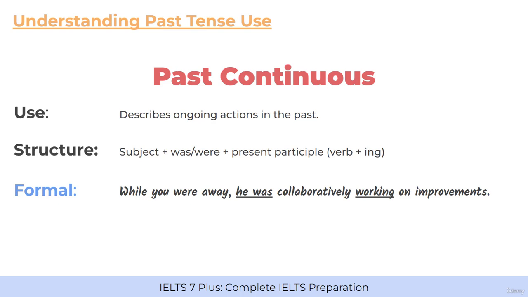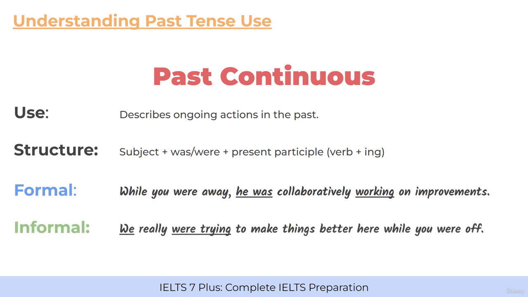And then, of course, our present participle, working. He was working. Okay, and our informal example, we really were trying to make things better here while you were off. We were trying. We is a plural subject. We were trying. Okay, I'll not go too much further into this.